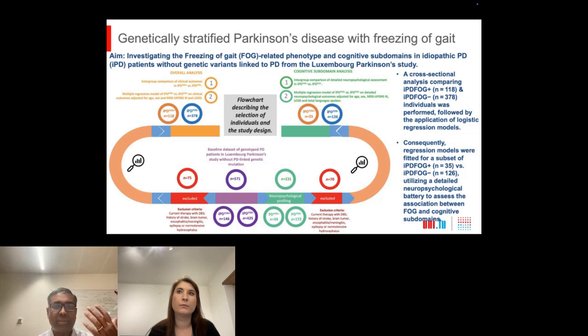That's why these are called idiopathic patients. We don't know the cause of the disease. In this group, 146 are freezing of gait positive and 425 are freezing of gait negative. The freezing of gait is when PD patients walk and suddenly they freeze, because of this motor disease.